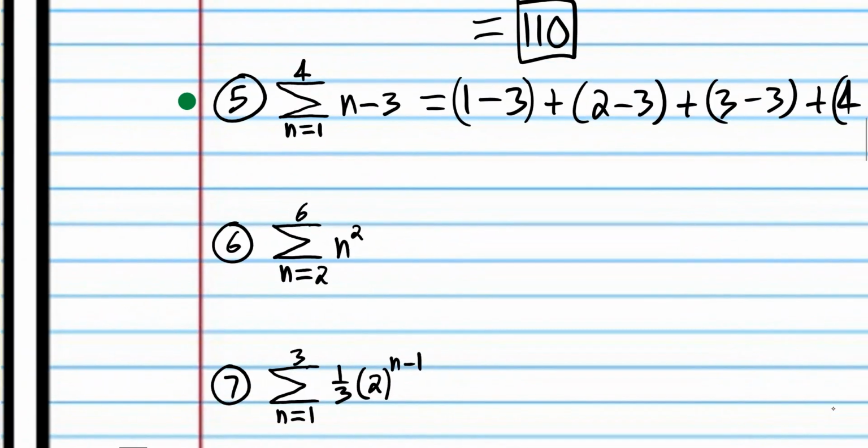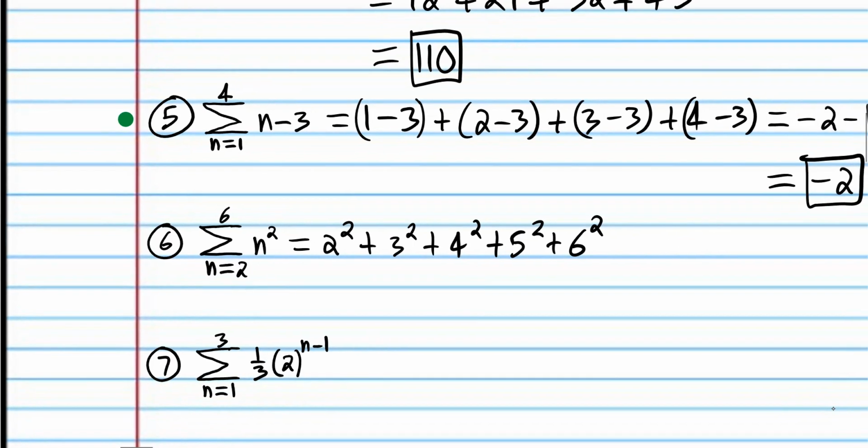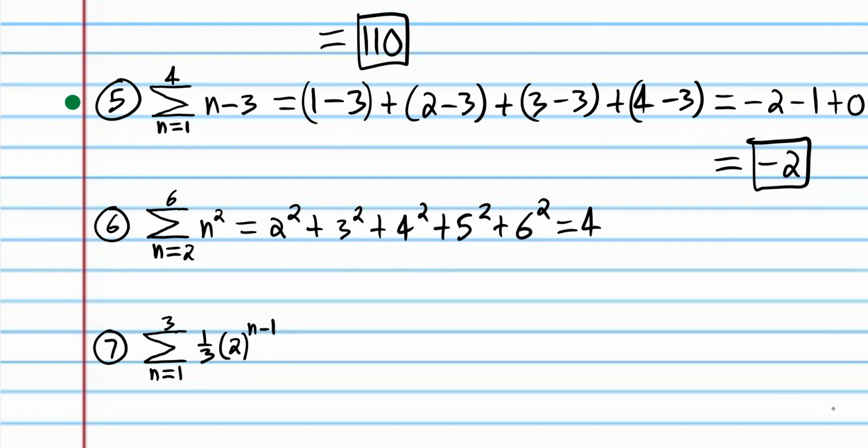Okay, we're back. So we're going to start by plugging in 2, and then 3, 4, 5, and then 6. Again, we got the 6 from here, and we got the 2 from there. So we have 4 plus 9 plus 16 plus 25 plus 36.